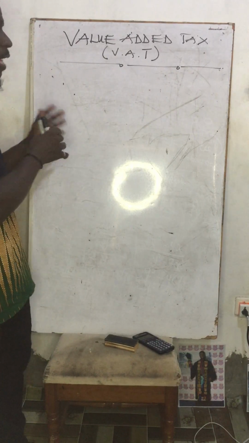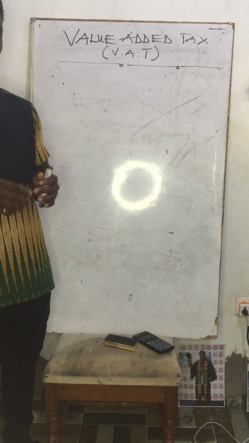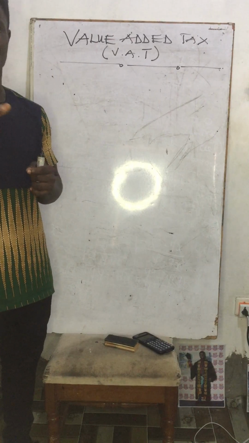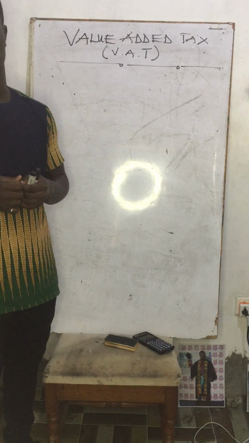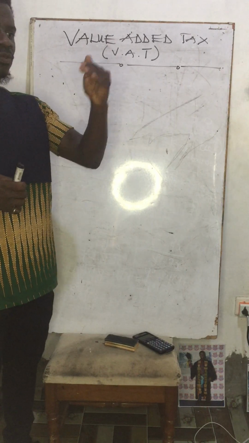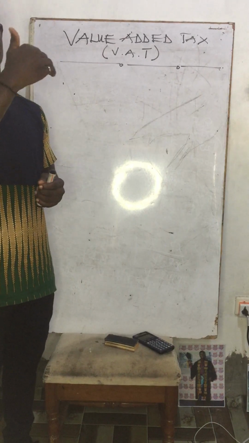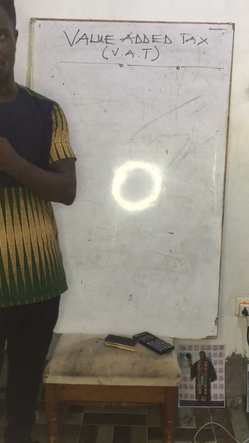Okay, so for value added tax, you never see the amount charged on that, unless for some particular goods and services bought at, let's say, the shopping mall, or Melcom. They will give you a receipt of what you bought, and the deductions for the taxes will be there, such as the national health insurance levy.